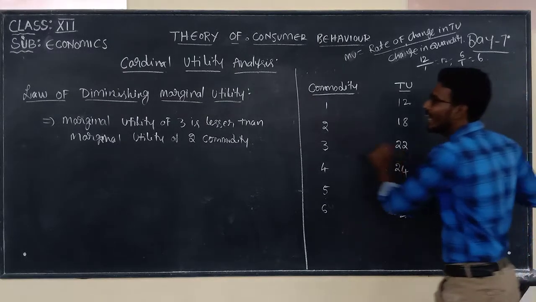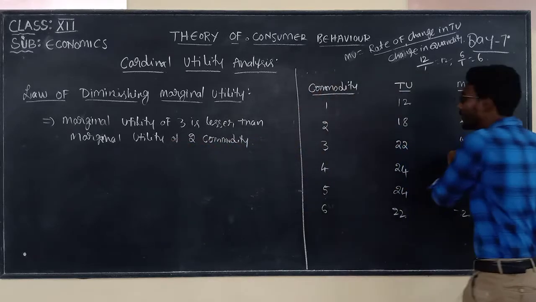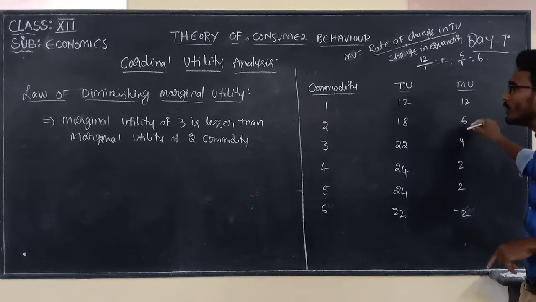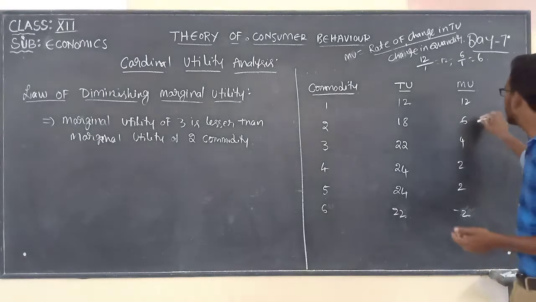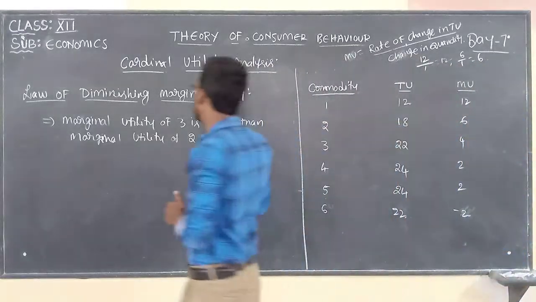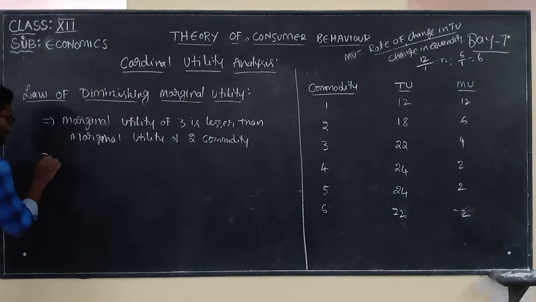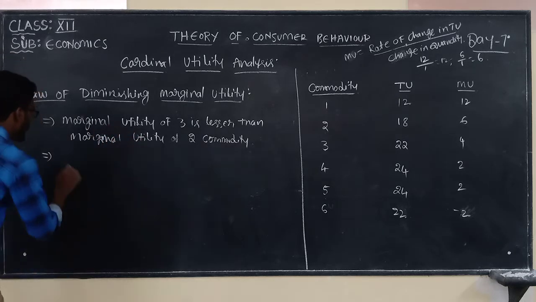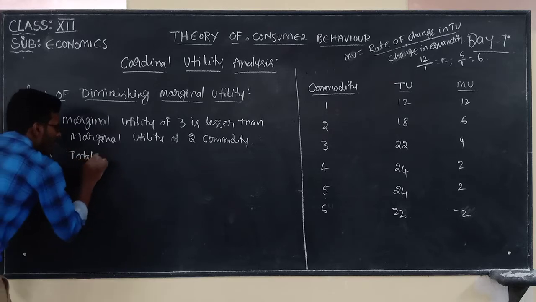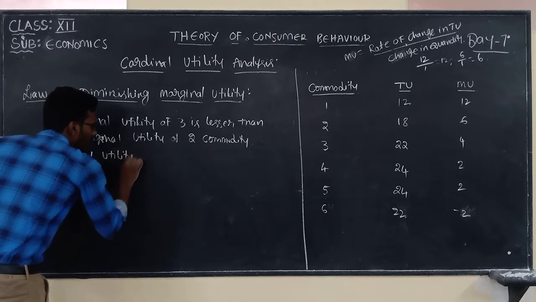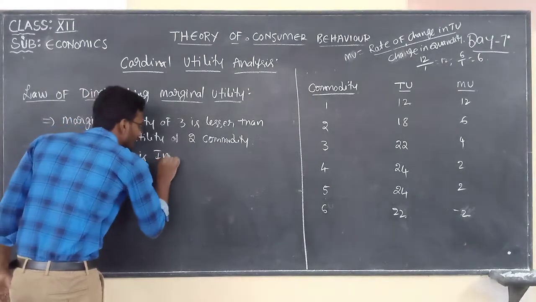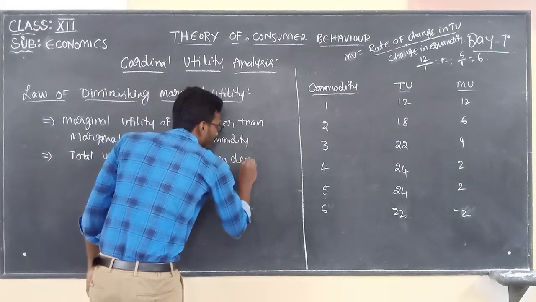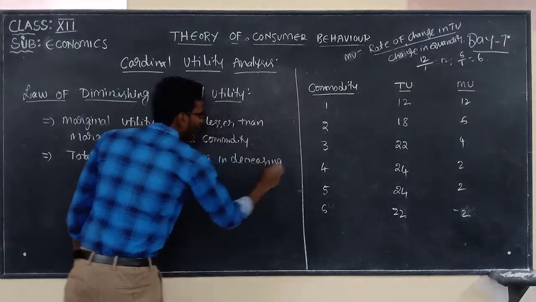So it is lesser than the marginal utility of the second commodity, which is 6. I hope you are clear with this point, right? Next. Total utility is increasing at a decreasing rate.